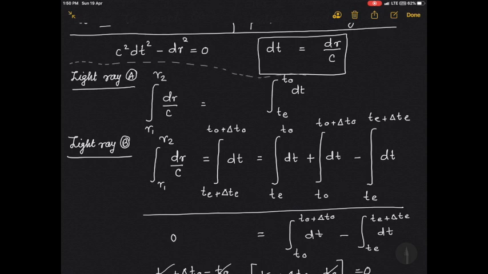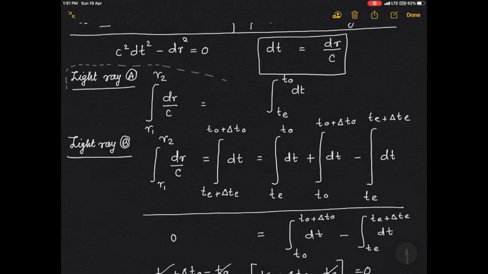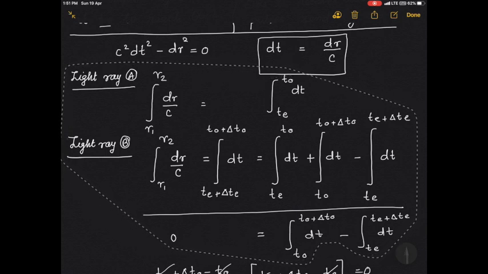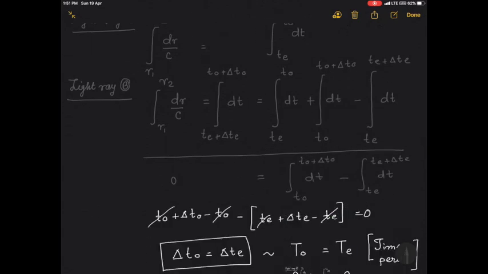So I think I can take this part of the calculation and carry it over there.